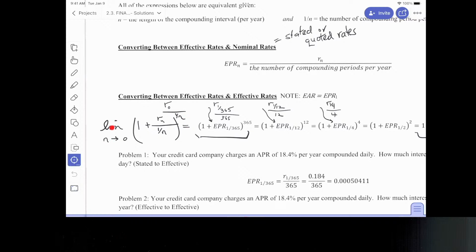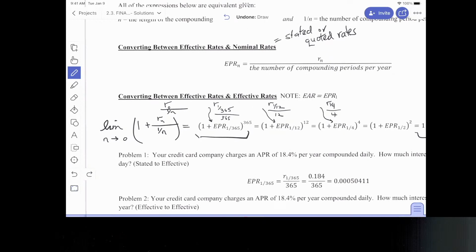Now this, you must have seen this function before, or this limit before. Let me put this a little higher so you don't get confused. There's enough things to confuse you, right? So this entire thing is actually equal to e.